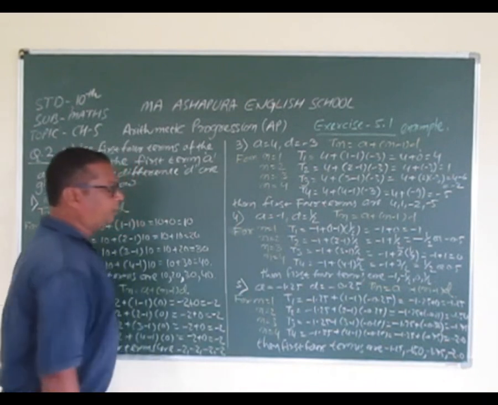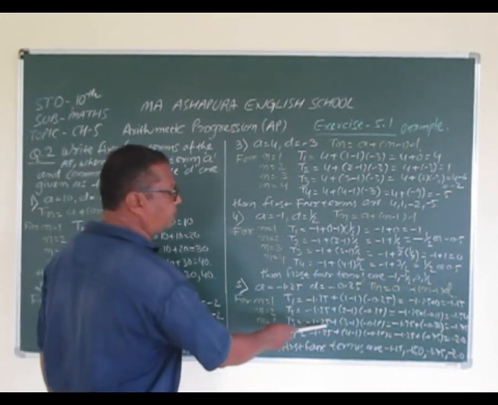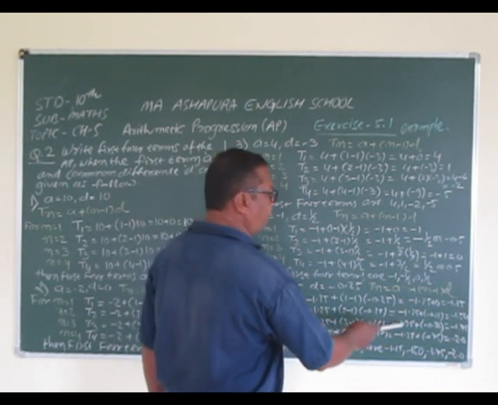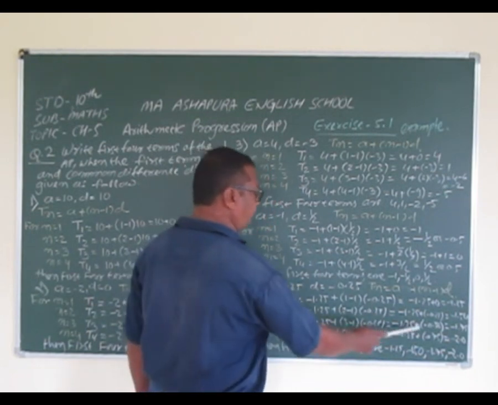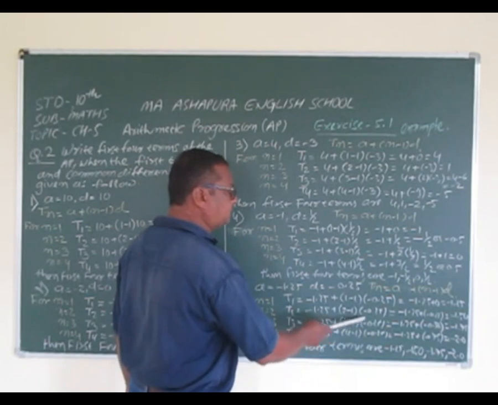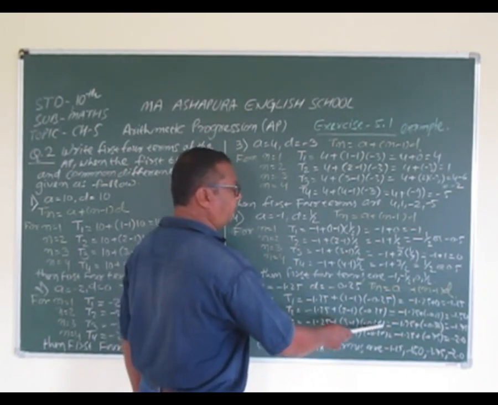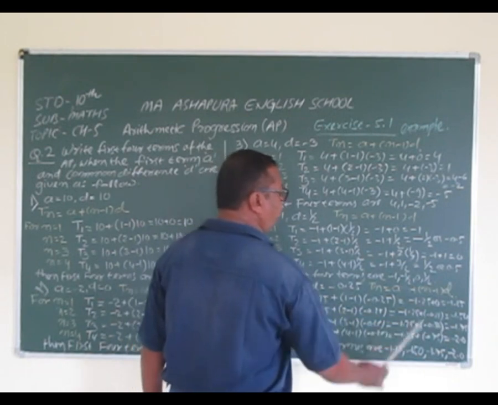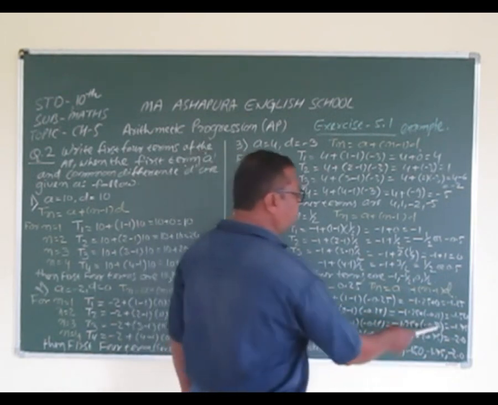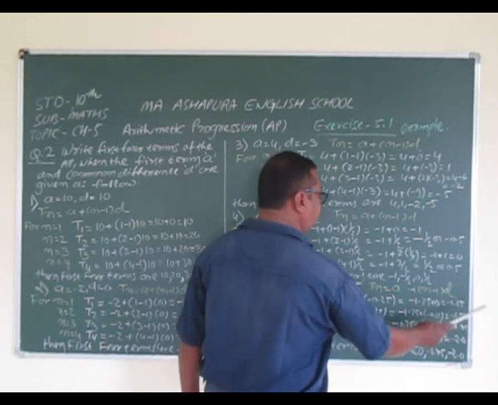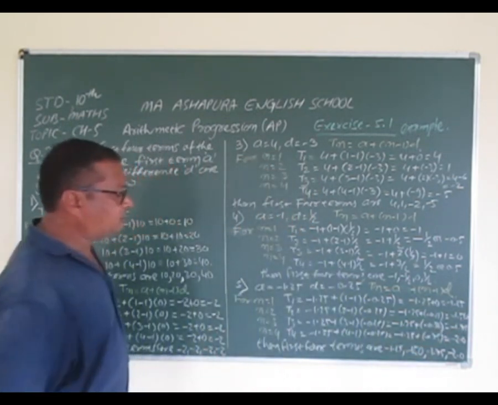Now n is equal to 3, T3 is equal to minus 1.25 plus 3 minus 1 into minus 0.25. Here 2 multiplied by minus 0.25 gives minus 0.50, and the sum of two negative numbers is also negative, so finally we get minus 1.75. Now n is equal to 4.